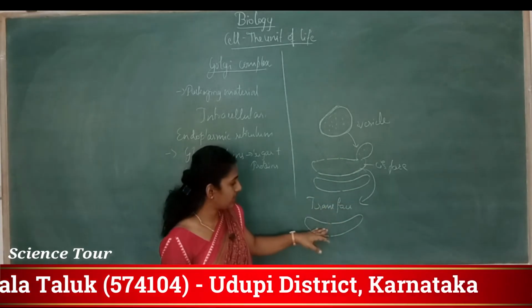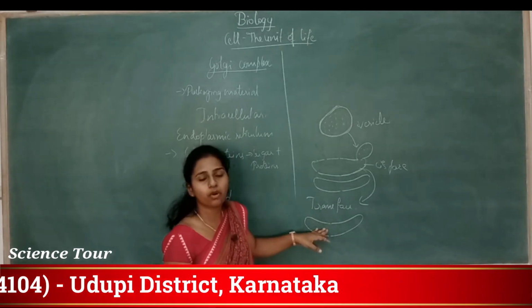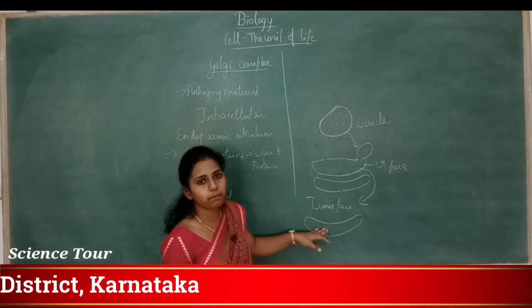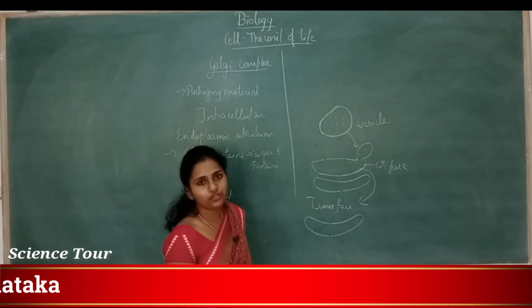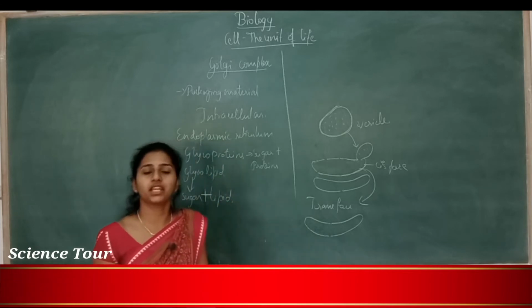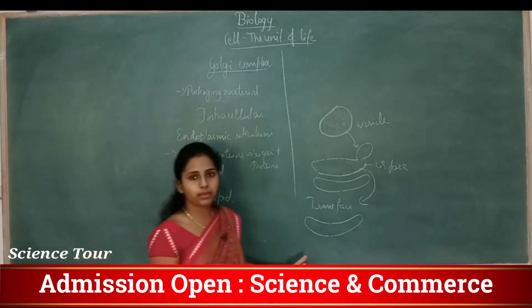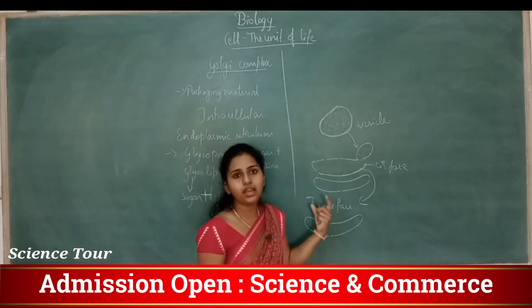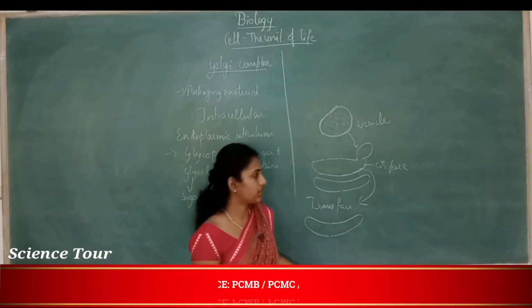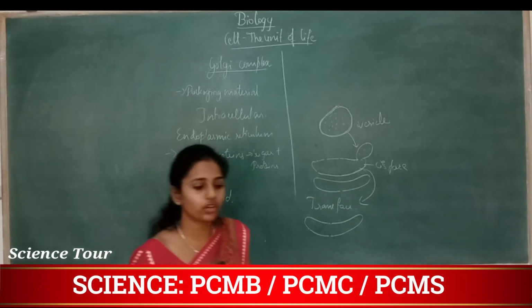In the trans phase you can see the modified proteins as well as lipids. Later they get released from the Golgi complex when there is a requirement of the cell. So this is the main function of the Golgi complex.